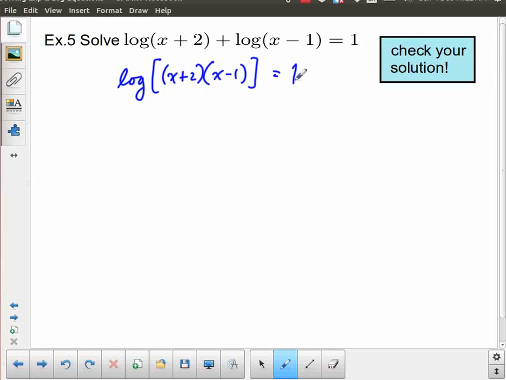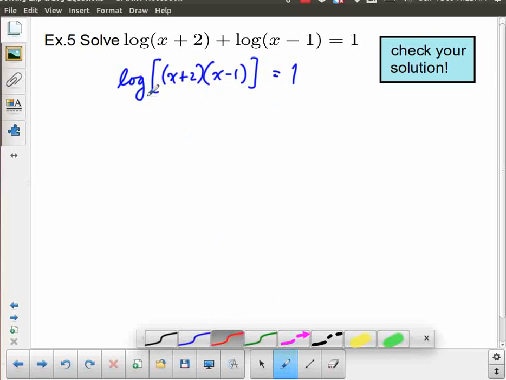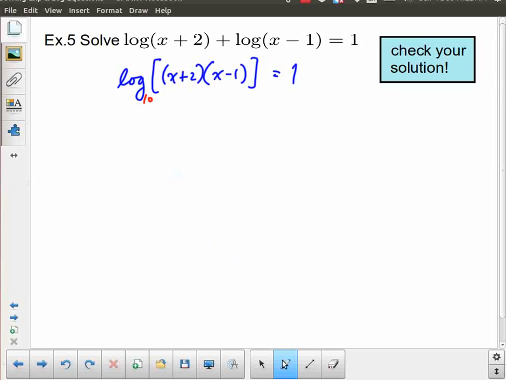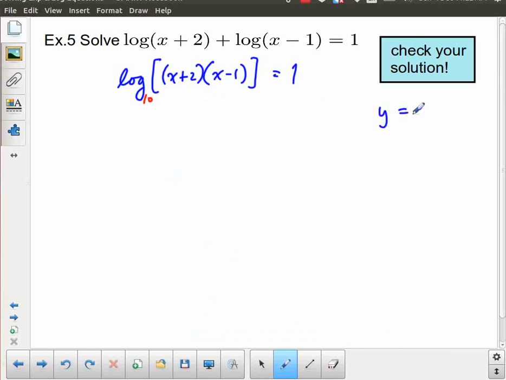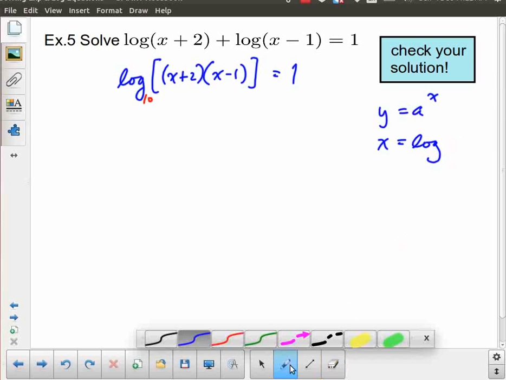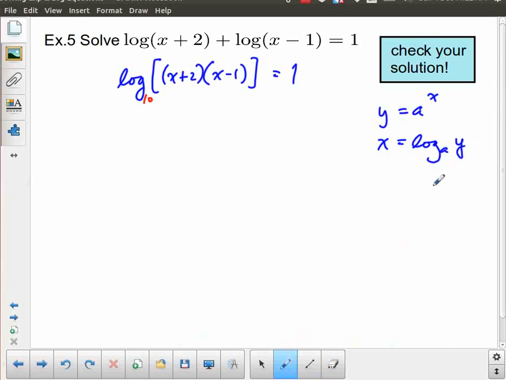And the way to solve this, now I'm going to make use of my definition. I'm going to make note of the fact that this is a log base 10. And so my definition, y equals a to the x, is the same as x equals log base a of y.